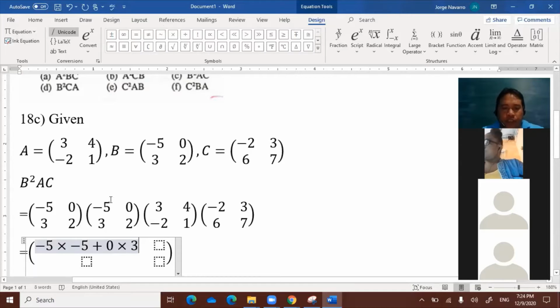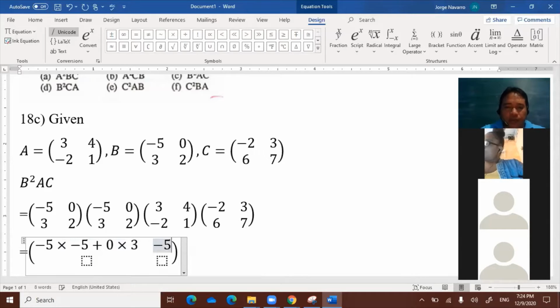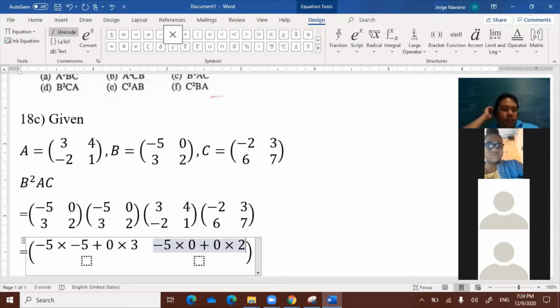That will be my first element. Then for the second one, we'll see -5 times 0 plus 0 times 2. All right, so that's first row, second column.